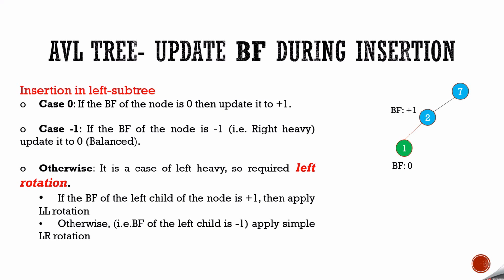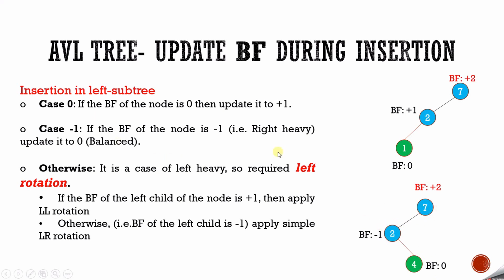Now case -1. Though I am not showing it over here, if the balancing factor of a node is -1 and you are adding a node on the left side, I have an example of that. Initially this is -1, this is 0 and this is +1.